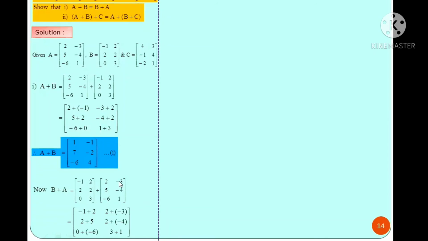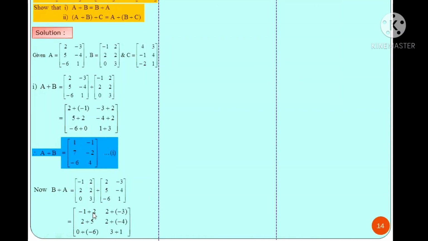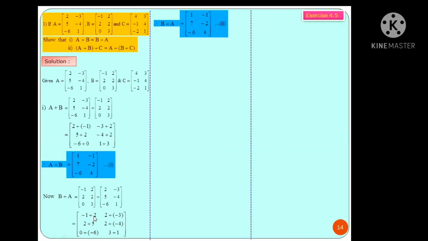Second, 2 plus minus 3. 2 plus 5. Next, 2 plus minus 4. 0 plus minus 6. 3 plus 1. The total is again the same. Sum is 1, 7, minus 6. Next column, minus 1, minus 2, and 4.